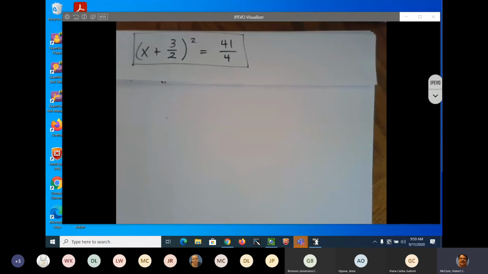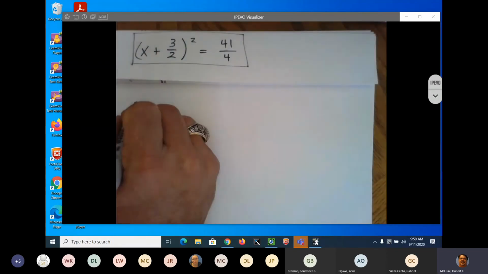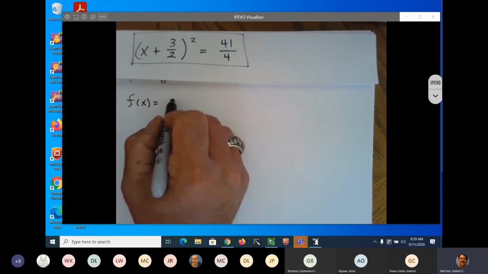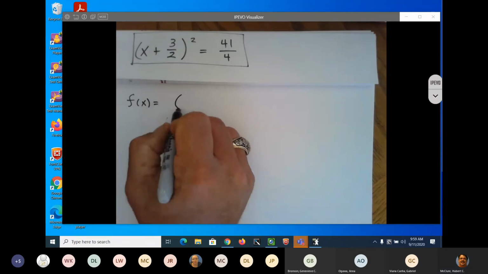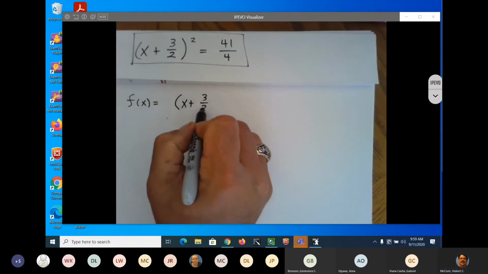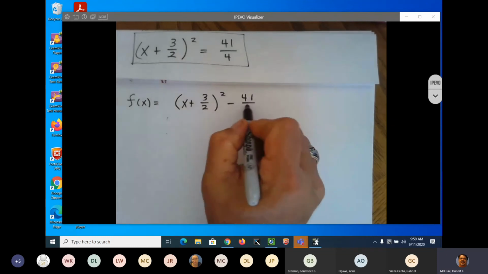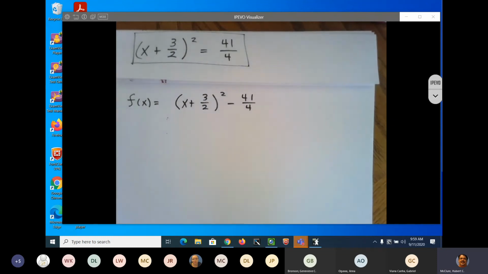Okay, so now I'm going to write it in terms of f of x. So f of x is equal to (x + 3/2) quantity squared minus 41/4. And that's in intercept terms.